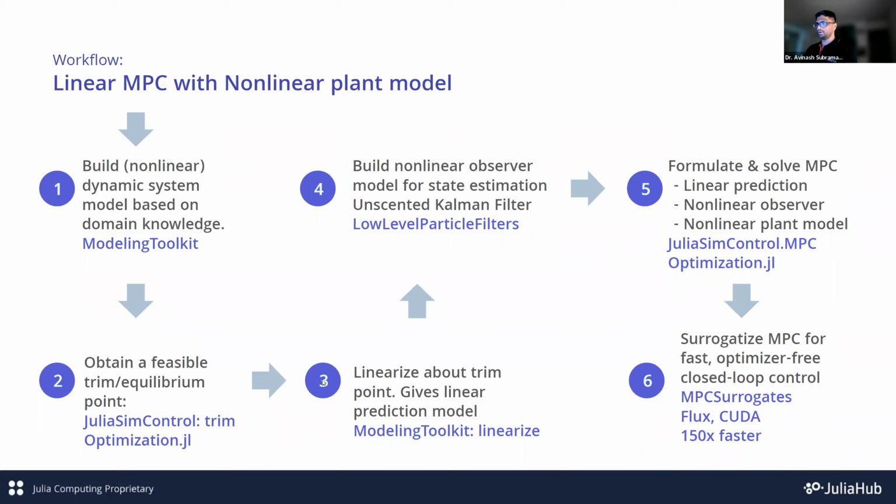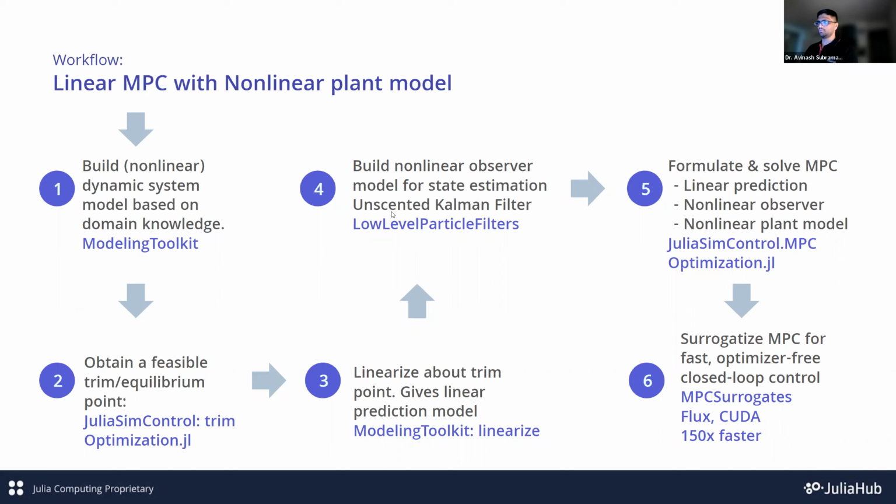Following this, we would commonly linearize about the trim point, and then this gives us the first of the three models we need for the MPC. So this gives us a linear prediction model. Linearization would be done using the ModelingToolkit linearize functionality. The fourth step commonly would involve building a nonlinear observer model for state estimation.